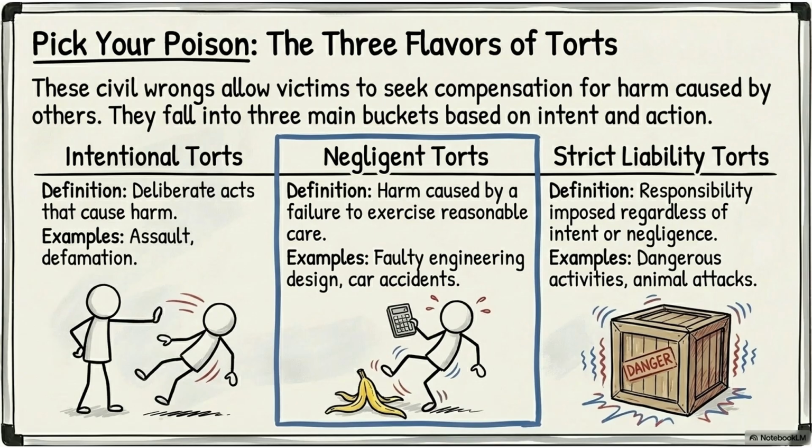Third is strict liability tort, responsibility imposed regardless of intent or negligence. For example, dangerous activities. A company deals with a harmful chemical and that chemical spilled. They will need to pay compensation to the injured individual, regardless of whether they did their due diligence or not.